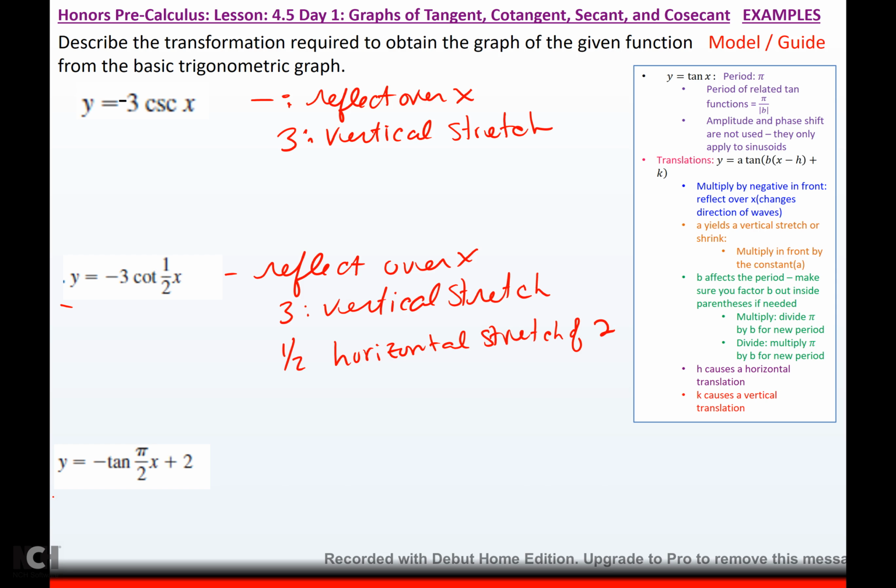Okay, on this bottom one, the negative is going to reflect over x.